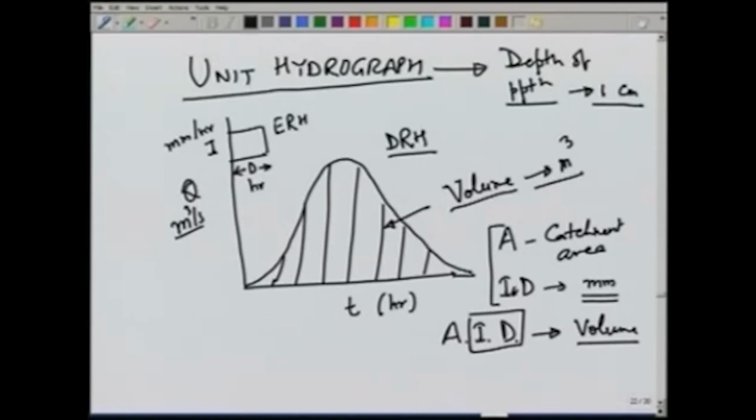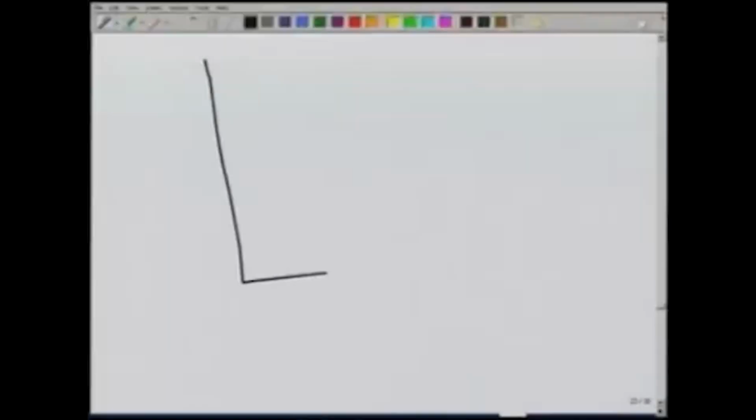So, what it means is that if we have 1 centimeter of depth falling over the catchment in, let us say, D hours, then the direct runoff hydrograph which results from that rain will be called a unit hydrograph for D hours. So, let us take an example.